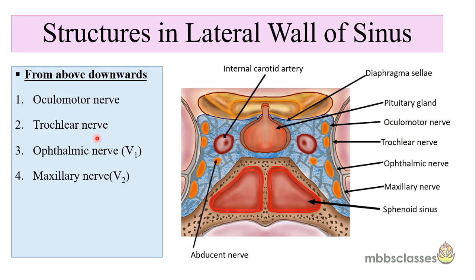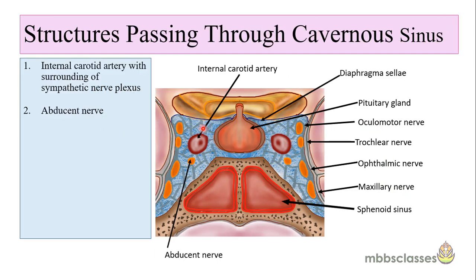These are the structures which pass through the lateral wall of the sinus. And the structures which pass through the cavernous sinus itself are the internal carotid artery, surrounded by the sympathetic nerve plexus, and the abducens nerve.